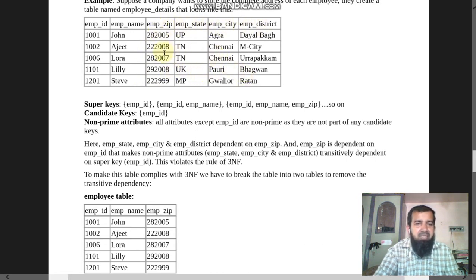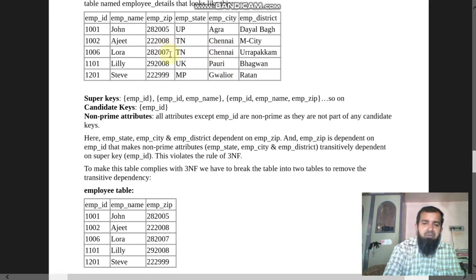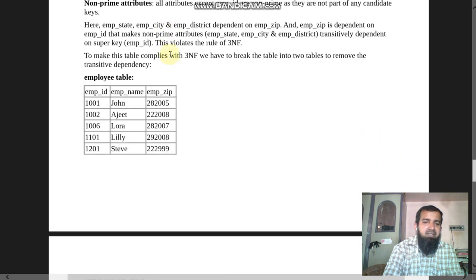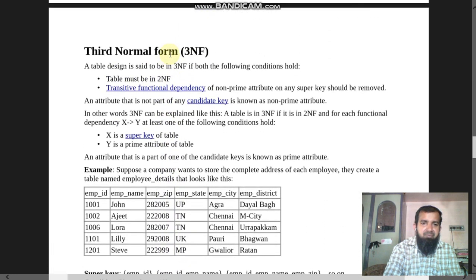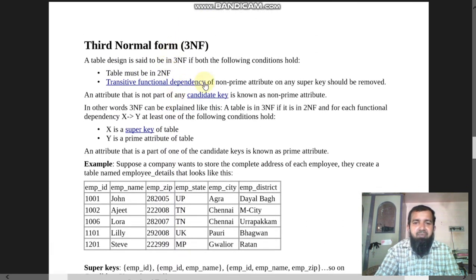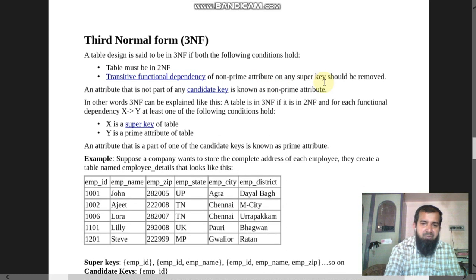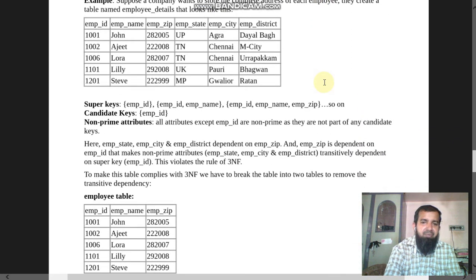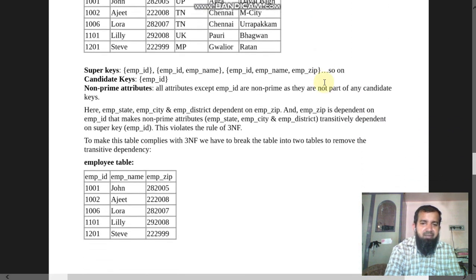Employee zip is common in both tables. Clear? So you removed the transitive functional dependency of non-prime attributes on any super key.